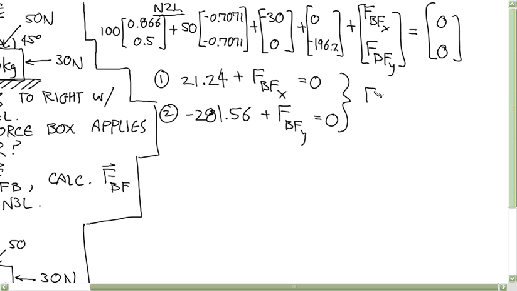And so the vector F on the box by the floor is equal to negative 21.24, positive 281.56.